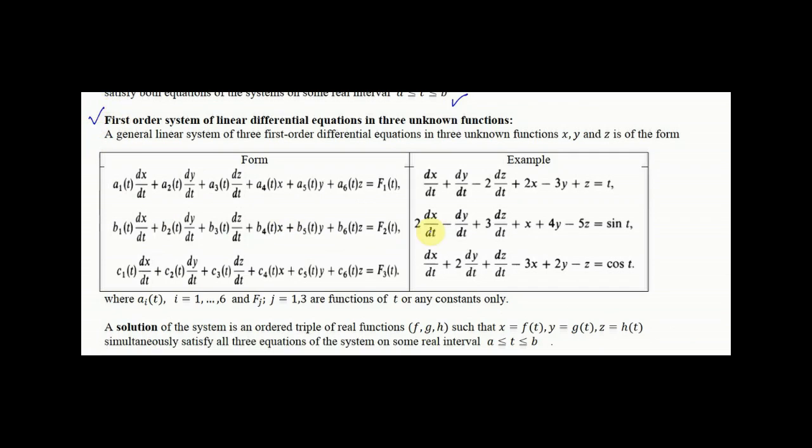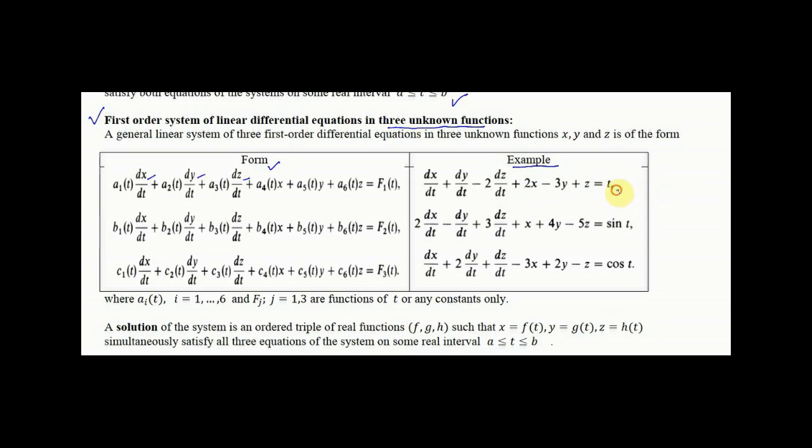Next, a first order system of linear equations in three unknown functions. Let us see the standard form of this equation. There are three unknown functions x, y and z. This is the standard form, and here we have given an example with the standard form.